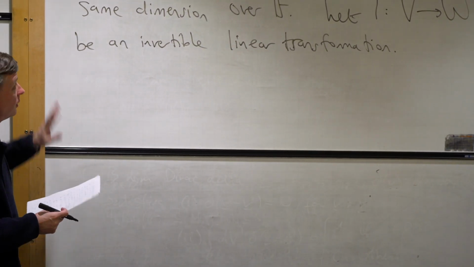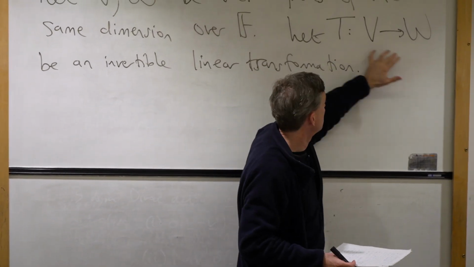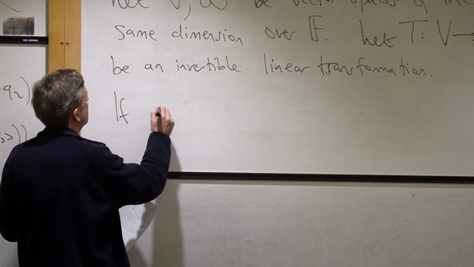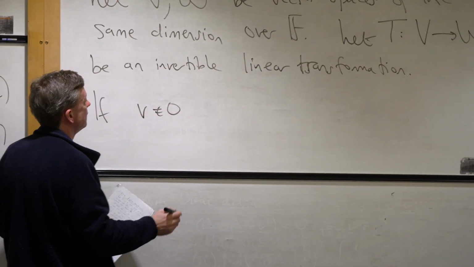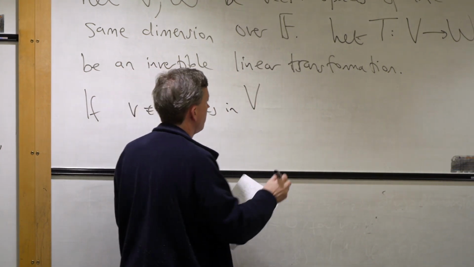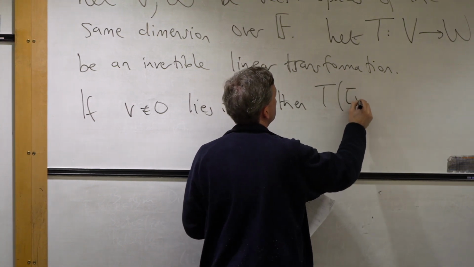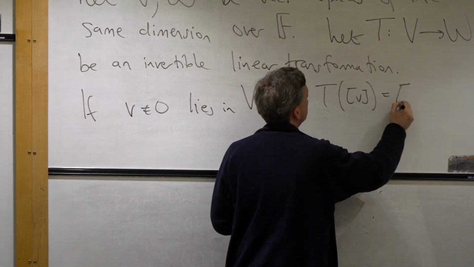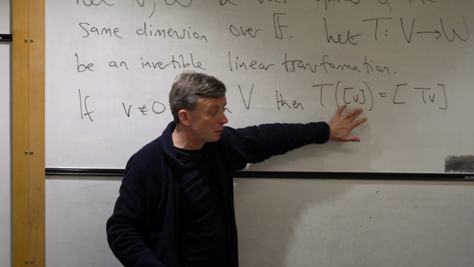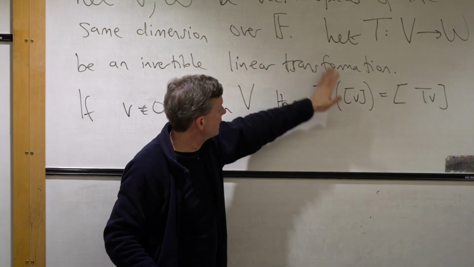We're going to use this to define a transformation from the projective space of V to the projective space of W. If a non-zero vector little v lies in big V, then T of square brackets v is square brackets Tv. So square brackets v is the one-dimensional vector subspace of big V. I then apply T to that.